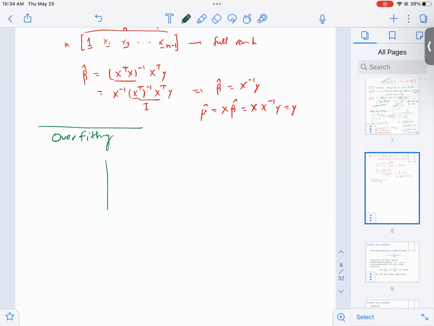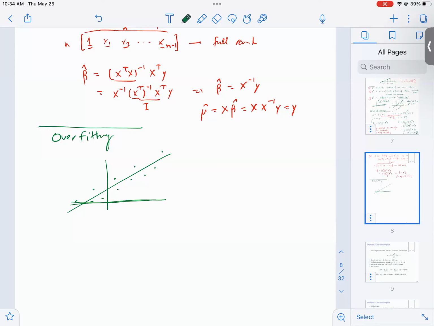Suppose, for example, that my data was actually a perturbation along a line. So there was this really nice linear regression model. Let's do a simple case.